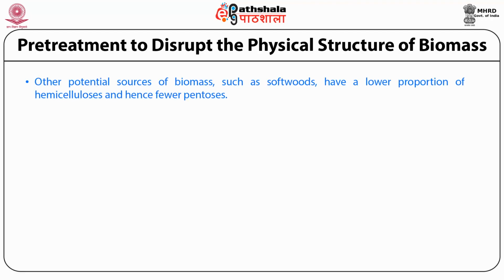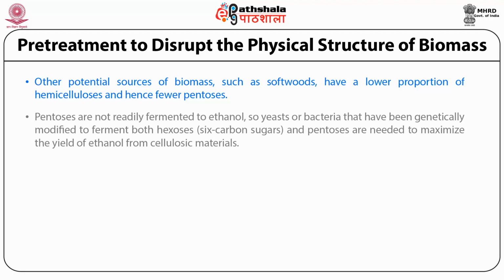The other potential sources of biomass are soft woods, which have a lower proportion of hemicellulose and hence fewer pentose sugars. The pentose sugars are not readily fermented to ethanol. So yeast or bacteria that have been genetically modified to ferment both hexoses, or 6 carbon sugars, and pentoses are needed to maximize the yield of ethanol from cellulosic materials.